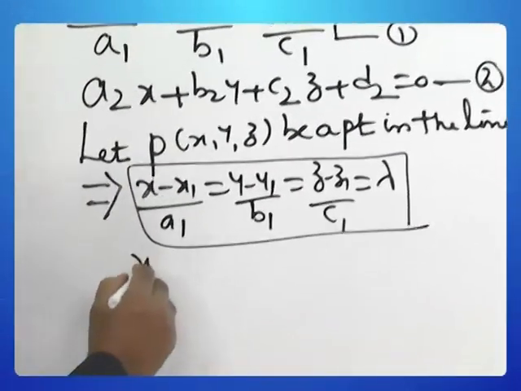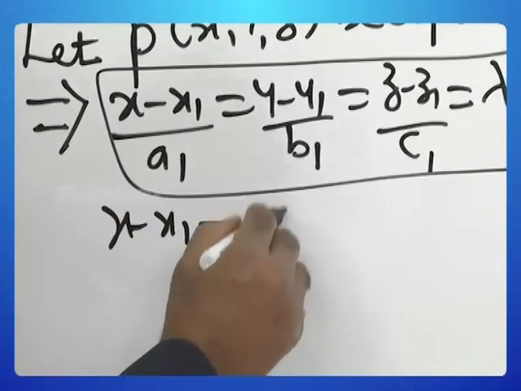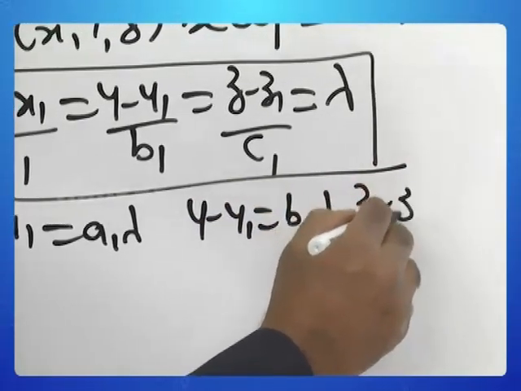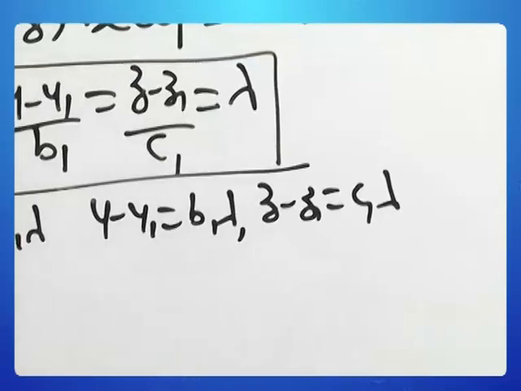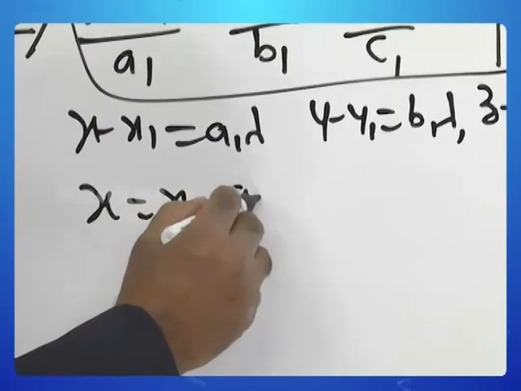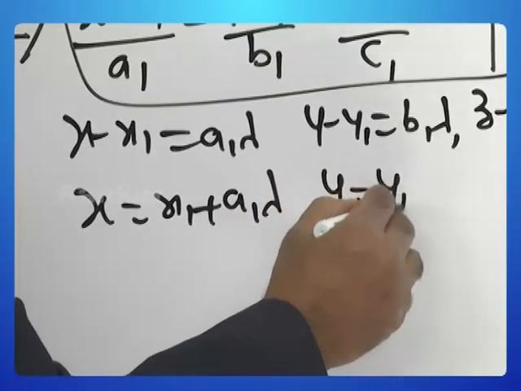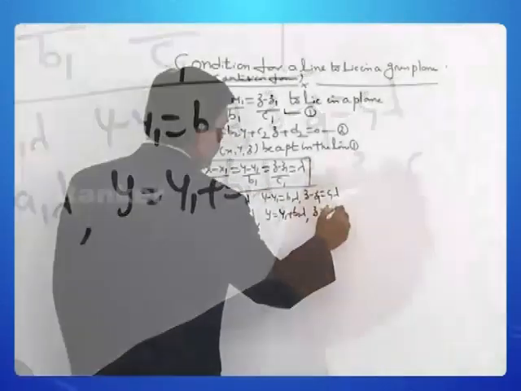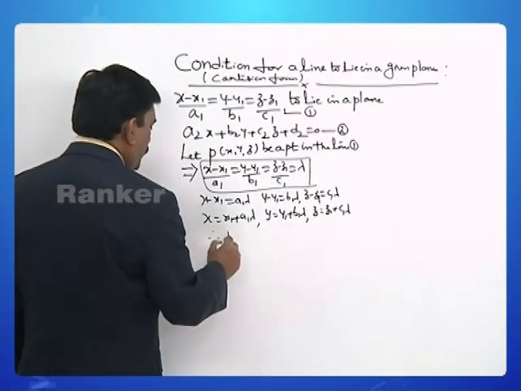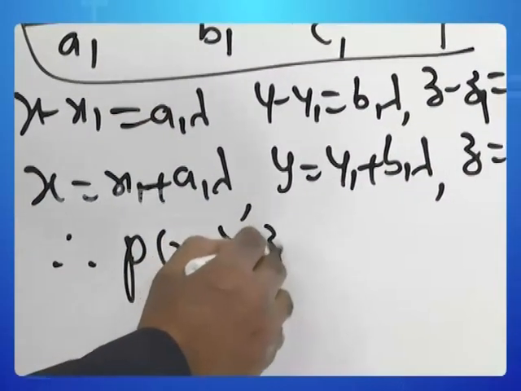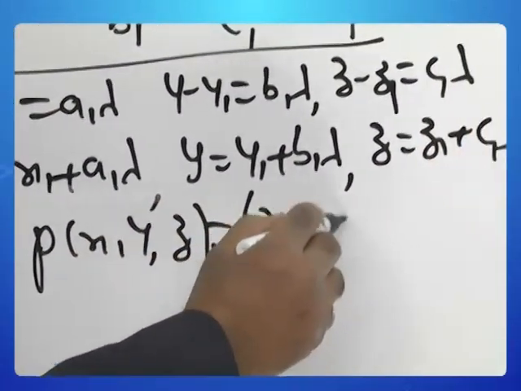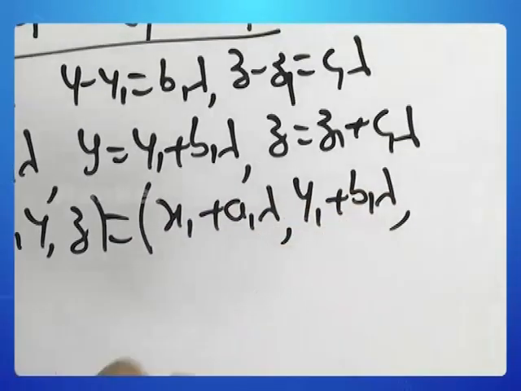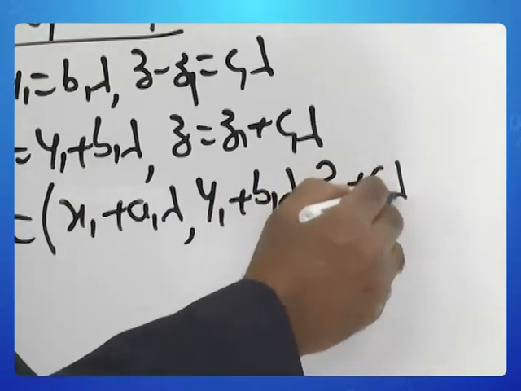Therefore x minus x1 is equal to a1 lambda, y minus y1 is equal to b1 lambda, z minus z1 is equal to c1 lambda. Therefore x is equal to x1 plus a1 lambda, y is equal to y1 plus b1 lambda, z is equal to z1 plus c1 lambda. Therefore P of x comma y comma z is x1 plus a1 lambda, y1 plus b1 lambda, z1 plus c1 lambda.